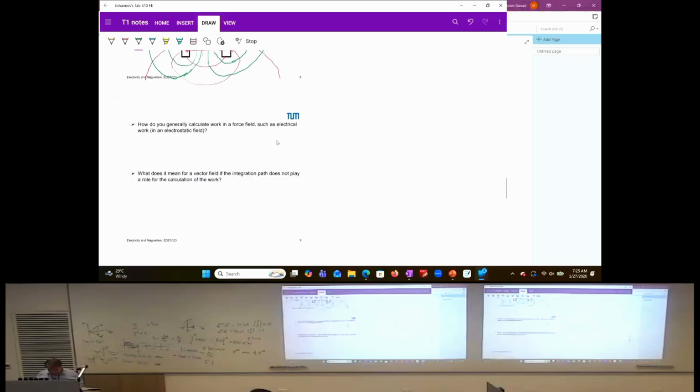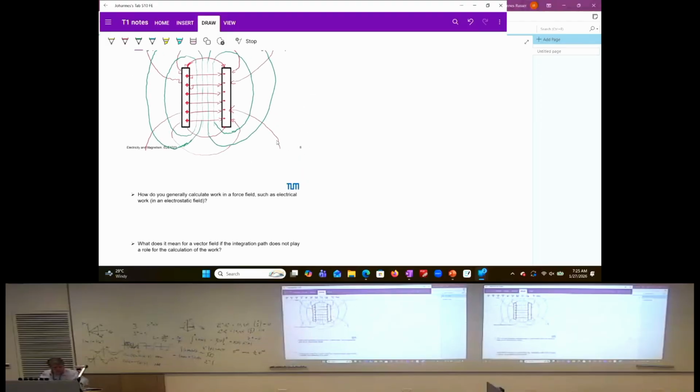So that is the field for the two parallel plates. We will also see how to compute the capacitance later in the lecture.